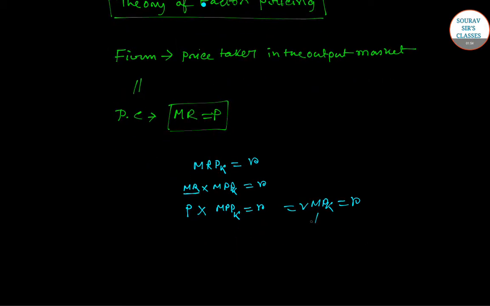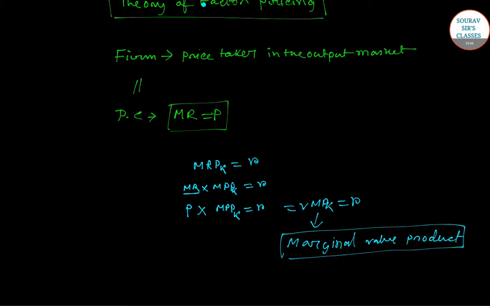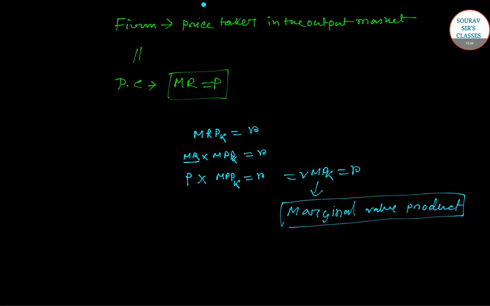This is known as marginal value product. VMPK is marginal value product. Similarly, we can also get VMPL equals small w. This will be marginal value product also.